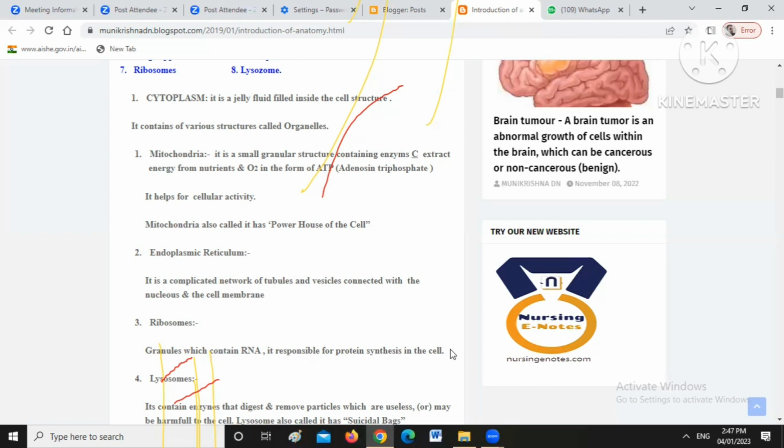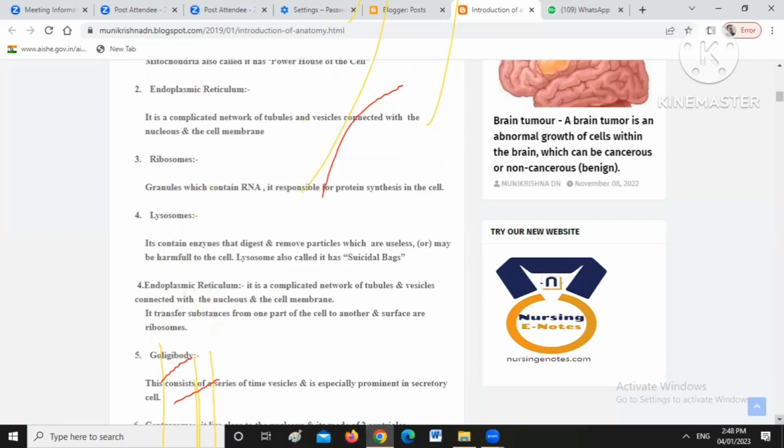What is the function of ribosomes? Ribosomes help the synthesis, or production, of proteins in the cell.